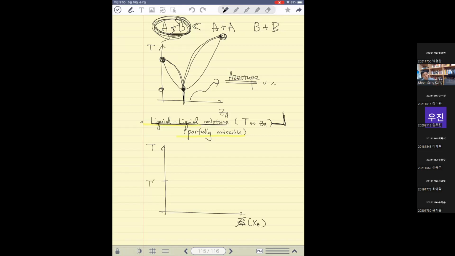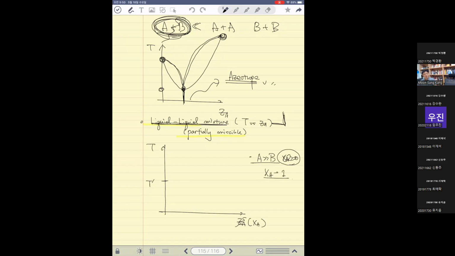They are partially miscible. What I mean by this is that if you have much more A than B, or if the composition is close to 1, they will be mixed, right?